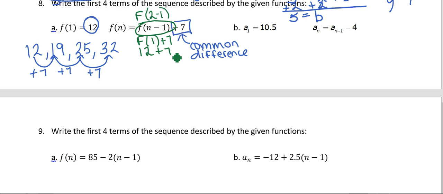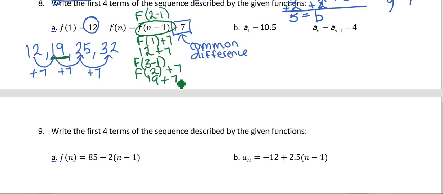That would give me 19. If I'm looking for my third term, I would take 3 minus 1, which gives me f of 2. So that means I'm taking my second term and adding 7. My second term is 19. 19 plus 7 is 25. And so on. So we can see the pattern that comes from that.